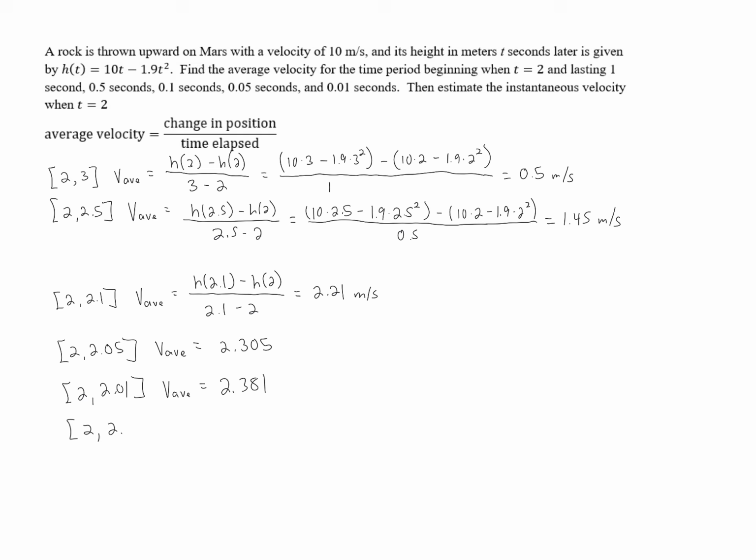I'm going to look at the interval from 2 to 2.001. And here our average velocity, when we do all of those calculations, is 2.3981. It looks like we are starting to slow down in our growth.